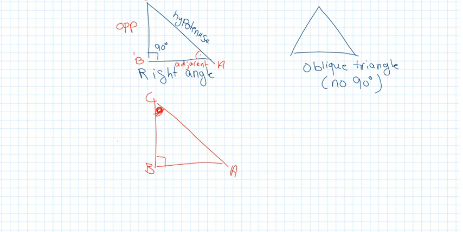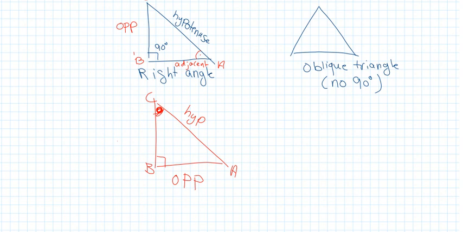It's not going to change because that's the one across from the 90 degree. Okay? Remember, the angle C is my given angle, or what we call the angle of focus or angle of interest. According to angle C, where is your opposite? BA. And according to angle C, then CB is your adjacent.